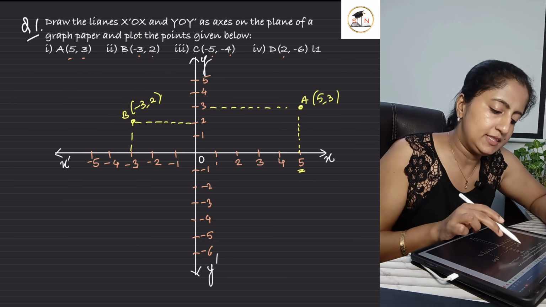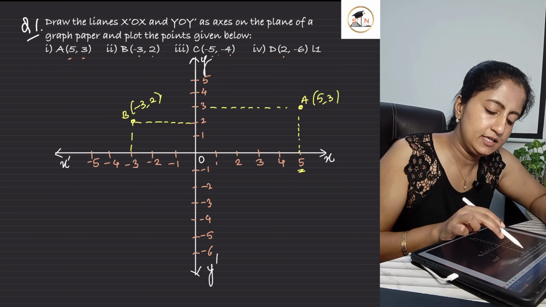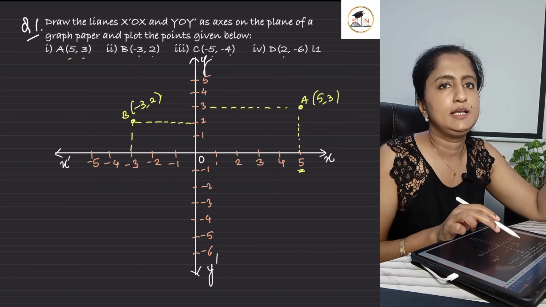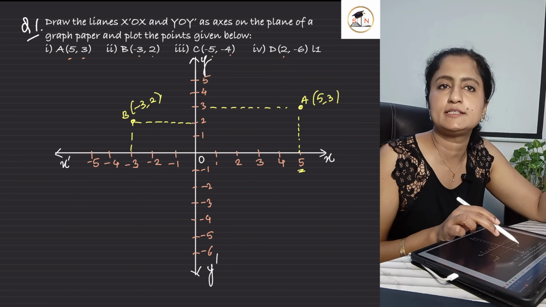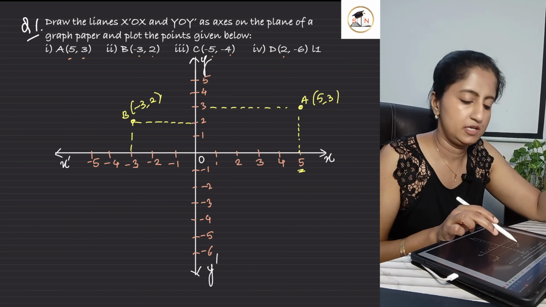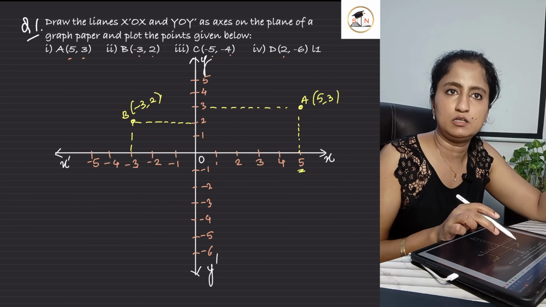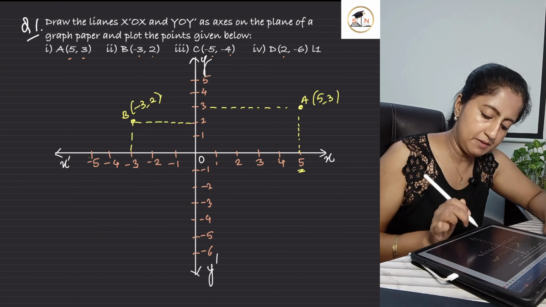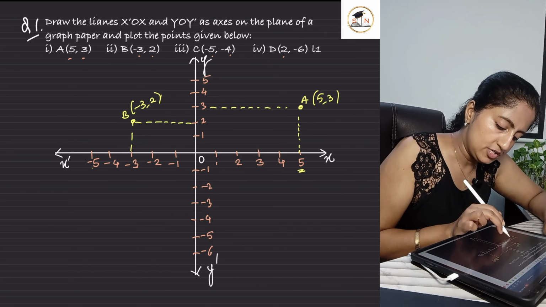Okay. Then we have got the C coordinate, which is (-5, -4). First, let's see which quadrant it exists in. Both are negative, so it will exist in the third quadrant, right? Now, minus 5 is on the x and minus 4 is on the y. So let's join them.